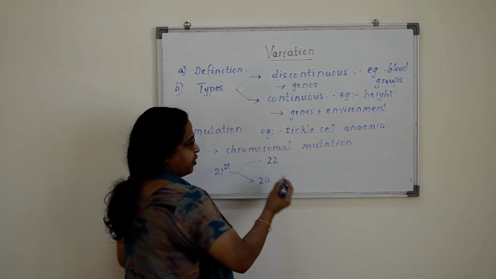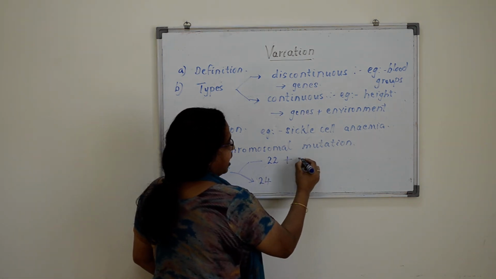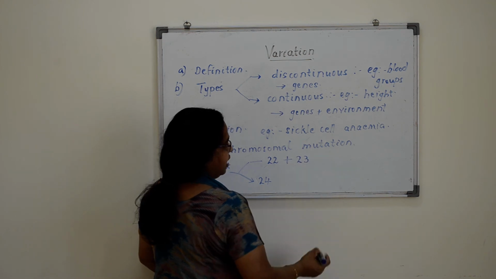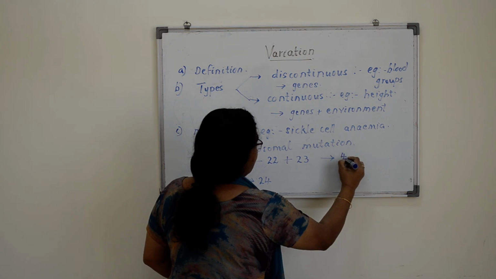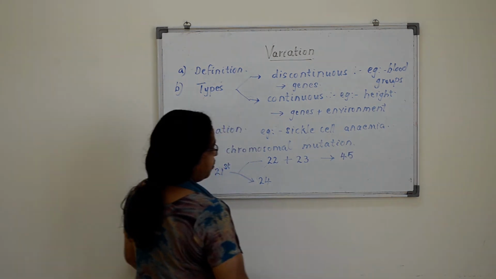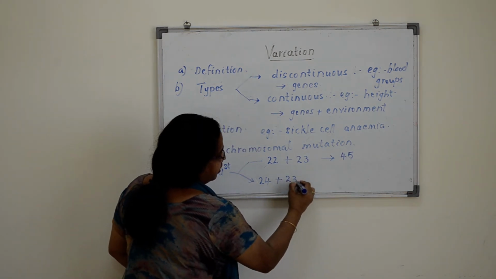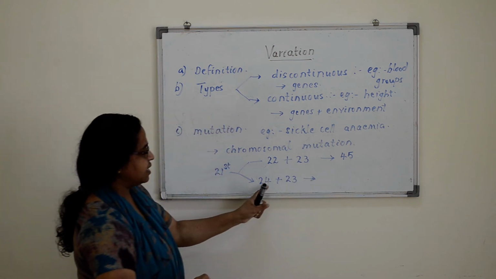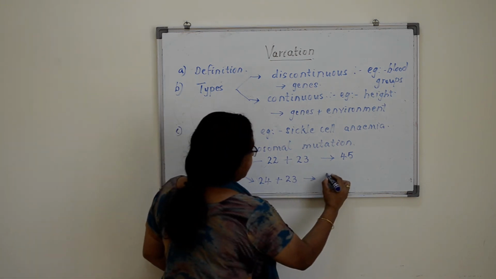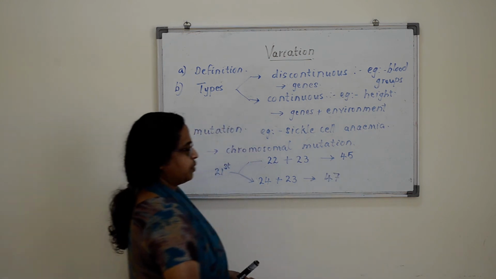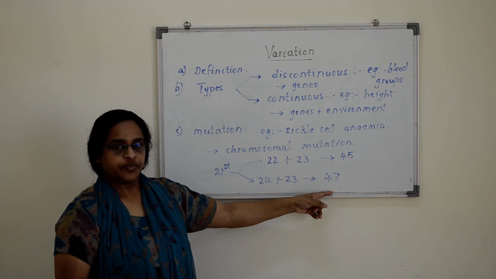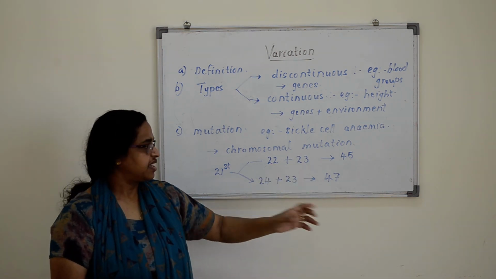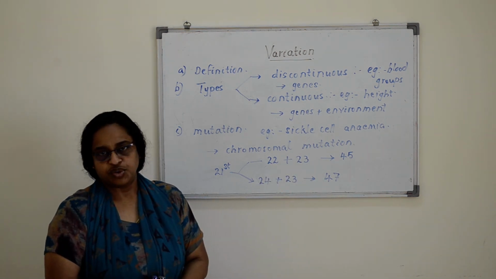At the time of fertilization, if the other gamete has 23, the zygote will have 45 chromosomes, and if the gamete with 24 is fertilized, it will have 47 chromosomes. So all the body cells will have 47 chromosomes.